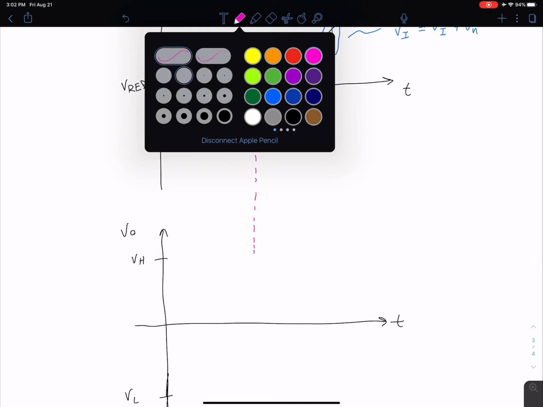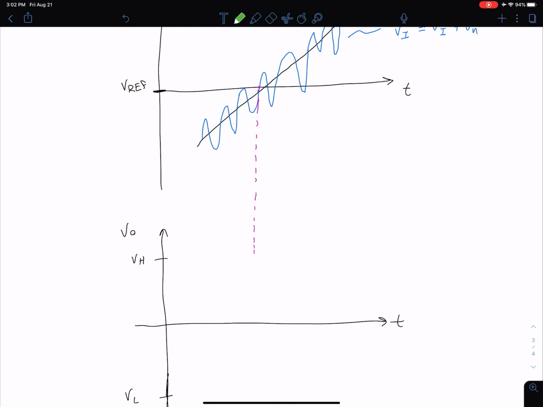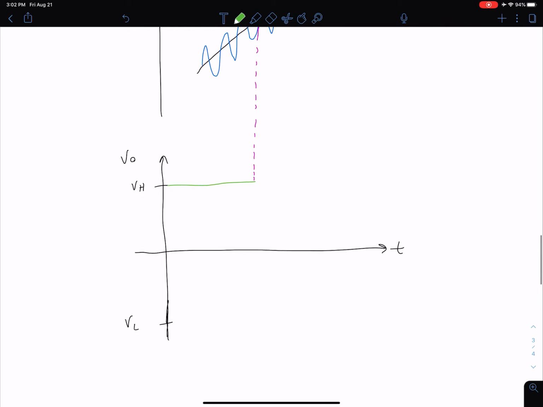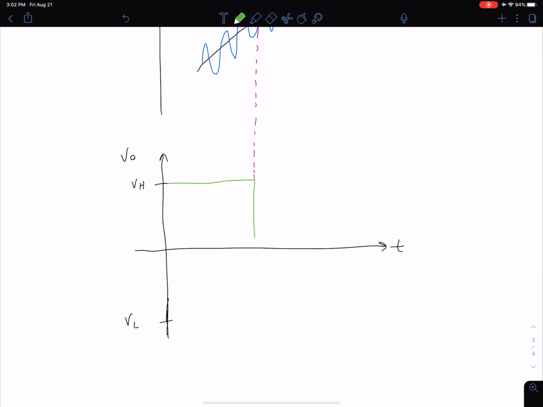Up until this point, we were V high because our input was less than Vref up here. But once our V input, which really we're talking about our V input primed, goes above Vref, now we go to V low. So now we're down here.